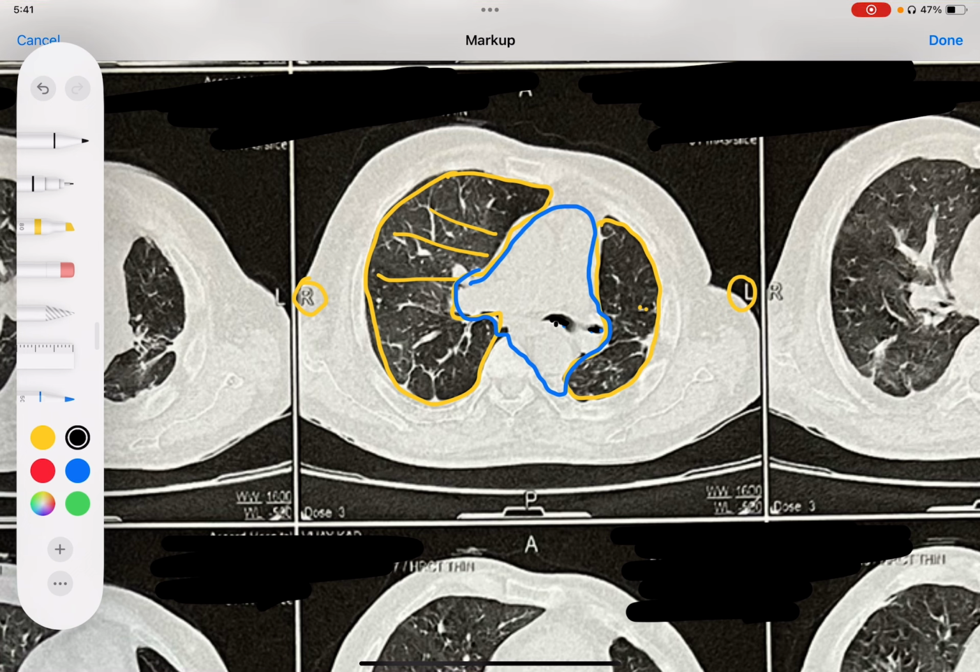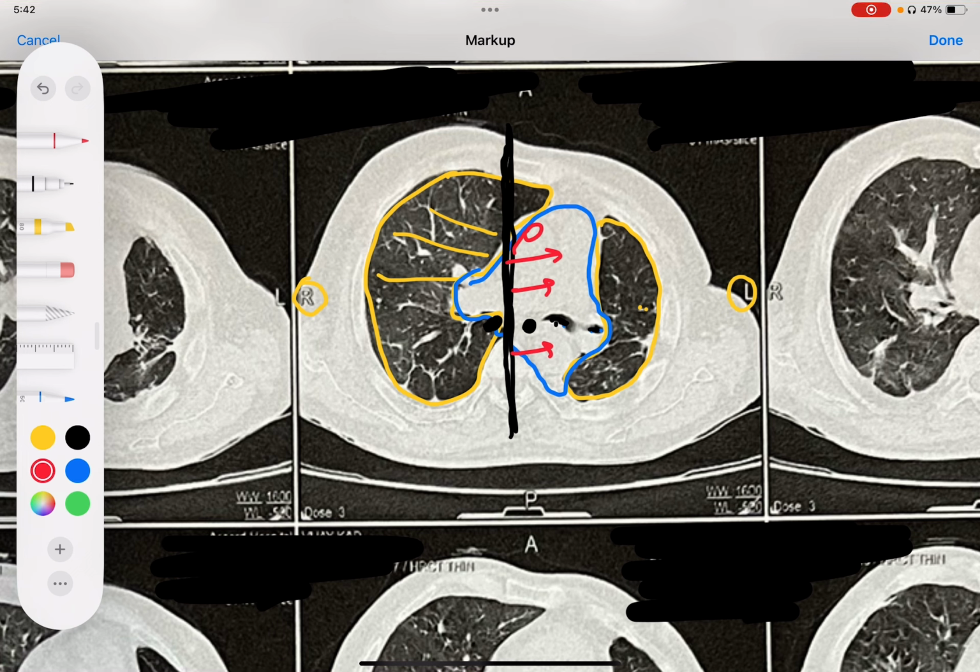Ideally this right bronchus should be here and the left bronchus should be here, because the trachea is in the midline. So it should get divided into left and right bronchus. The trachea should have been in the center. The mediastinum should have been in the center. But here, no part of the mediastinum is on the right. The whole mediastinum is completely shifted to the left side.